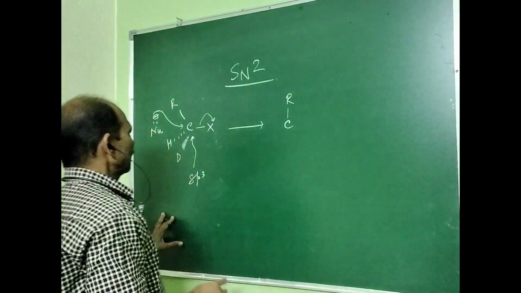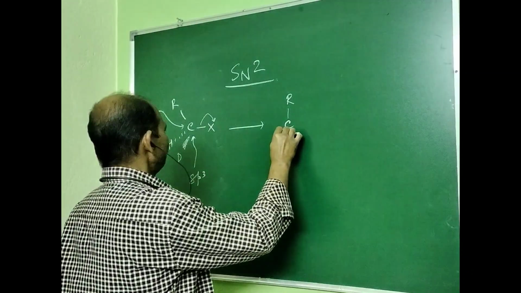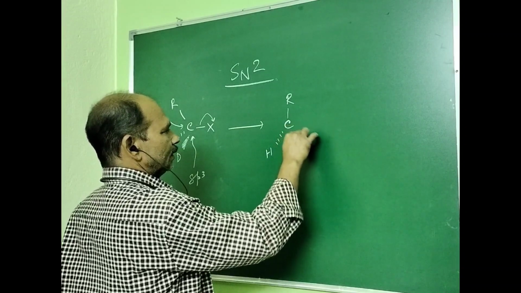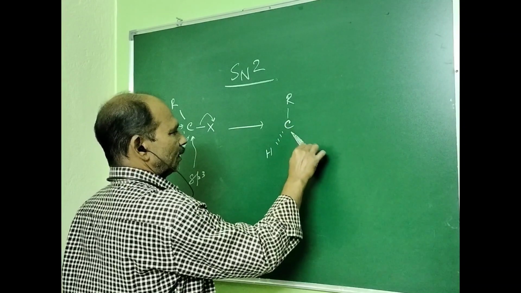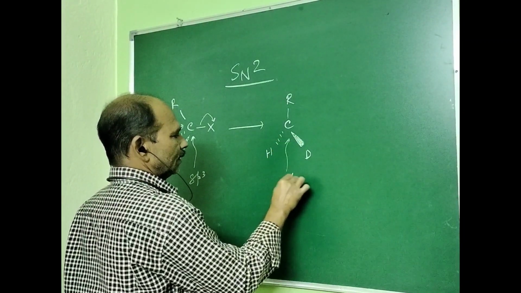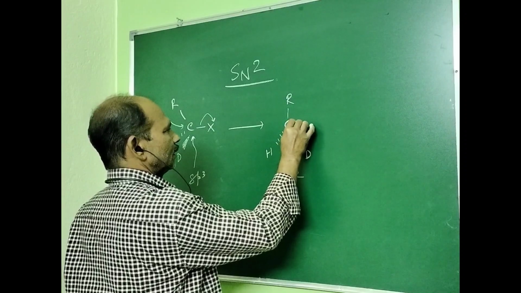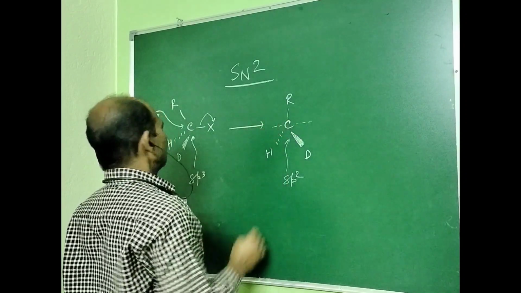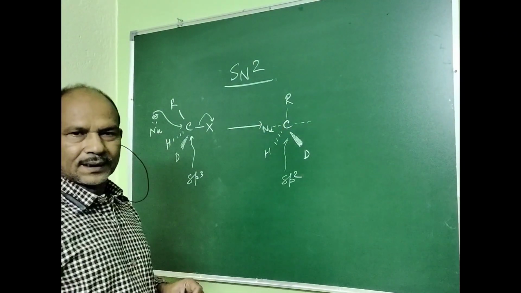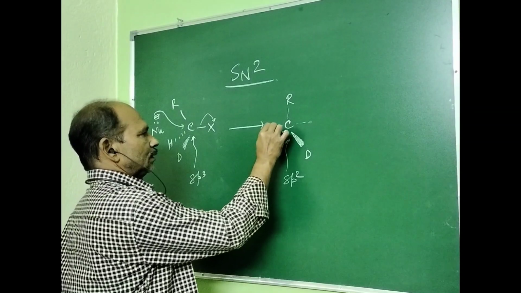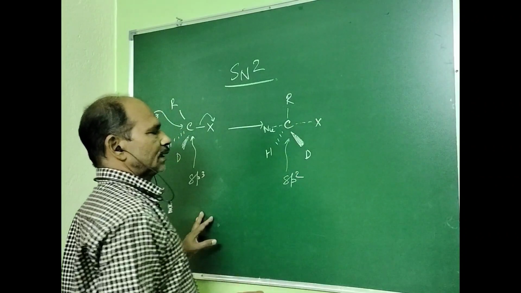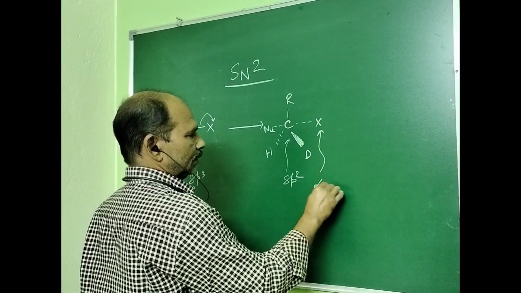After the attack of the nucleophile, you see a transition state appears. The transition state is like this: hydrogen, and this is deuterium. So this carbon is sp2 hybridized, and the bond between the nucleophile and the carbon is half formed here, and the bond between the carbon and the halogen, this is the leaving group, is half broken.